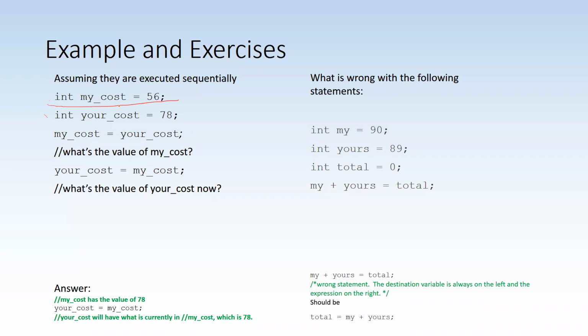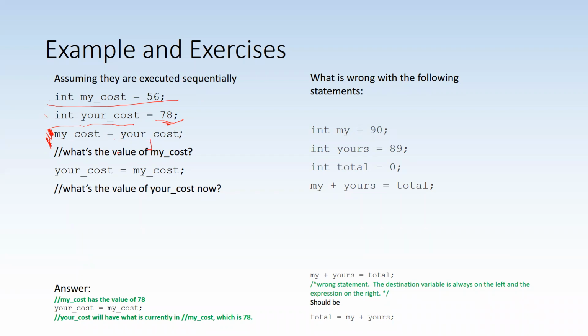My cost has the value of 56, right? Your cost has the value of 78. My cost equals your cost. Let me ask you, what is the value of my cost after this statement? It'll be 78. Yes.